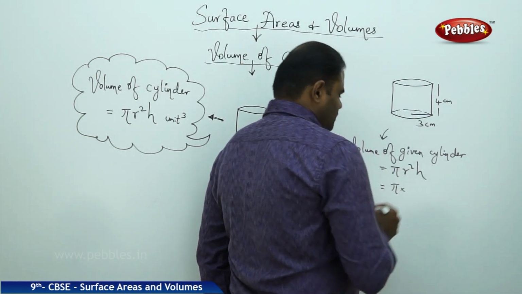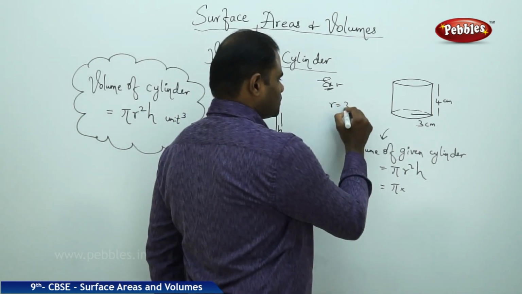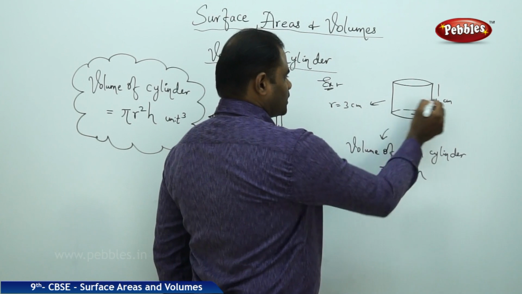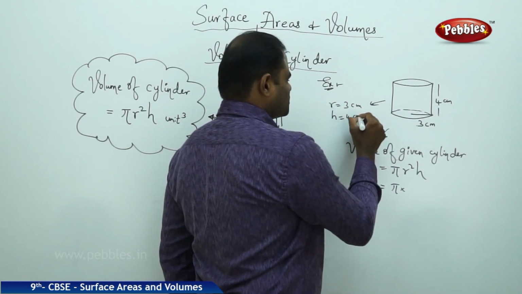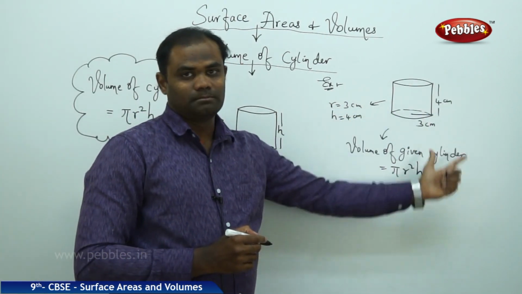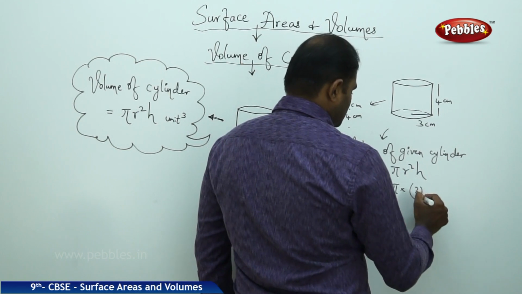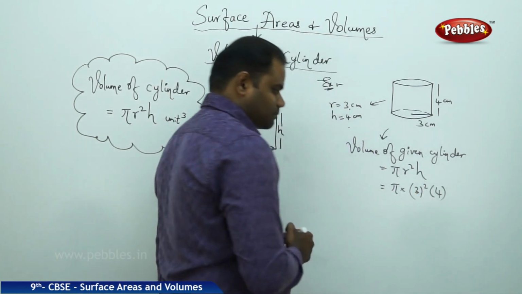So pi and r square, we know that the radius here is 3 centimeters and the height h is 4 centimeters when compared with r and h of the given problem. So using this r and h in the formula, I get pi r square into h.